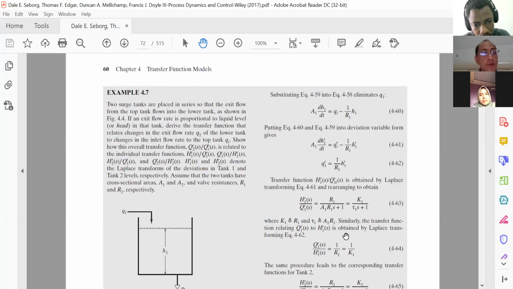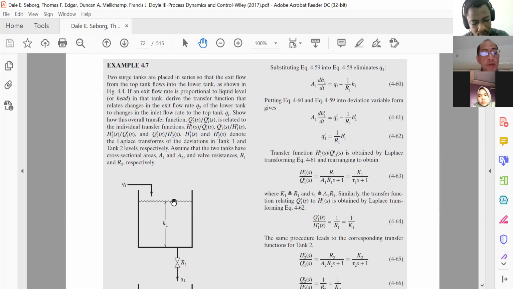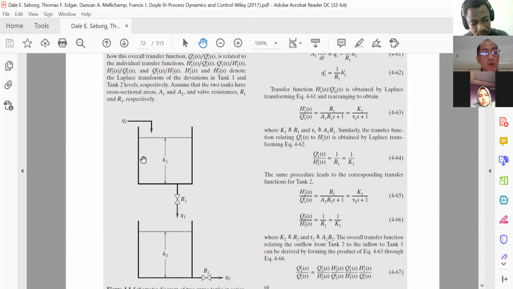So let me continue with example 4.7. Now you have two tanks in series. We are talking about the liquid level in the tanks. We have H1 as the liquid level here, and H2, for the first tank and the second tank.